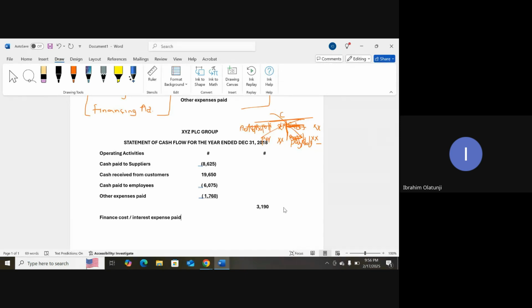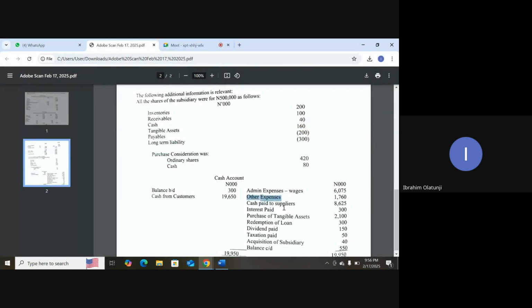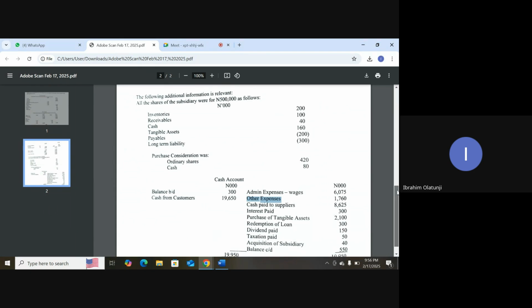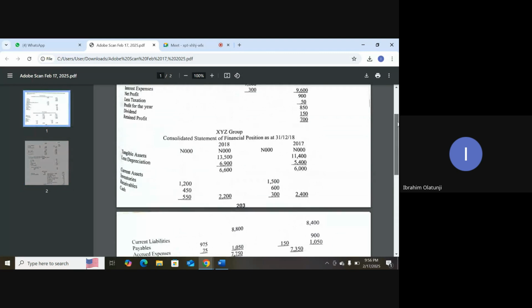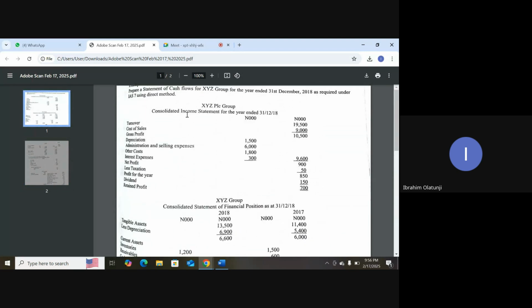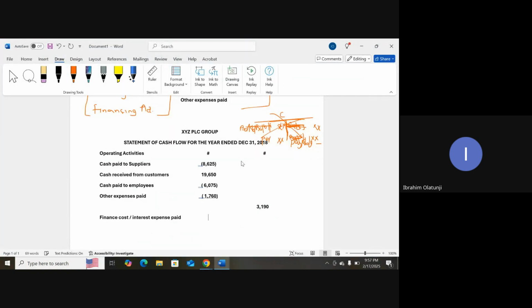Where you will see your finance cost or interest expense paid, you are going to see it from your statement of profit or loss, which is the income statement. You look at it, interest expense. How much is that? You can see interest expense, 300. Then you bring it here because you paid it, because it's an interest expense that you paid.